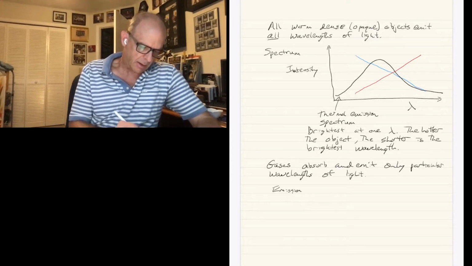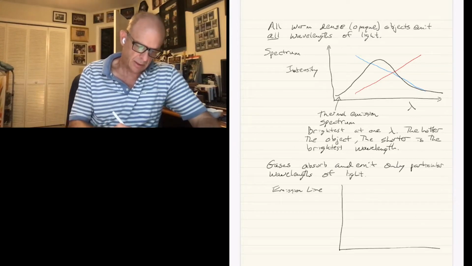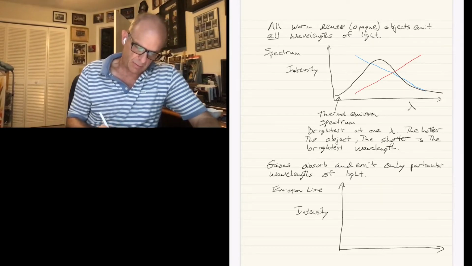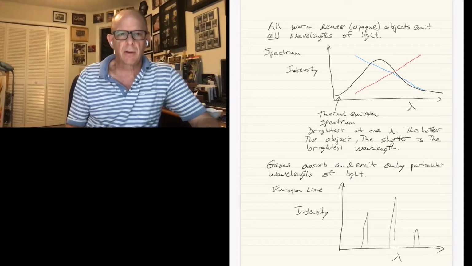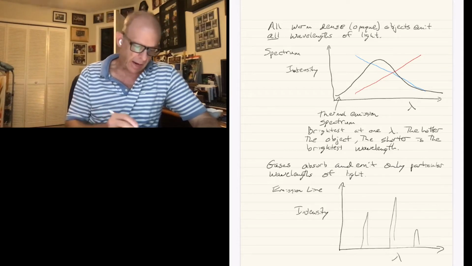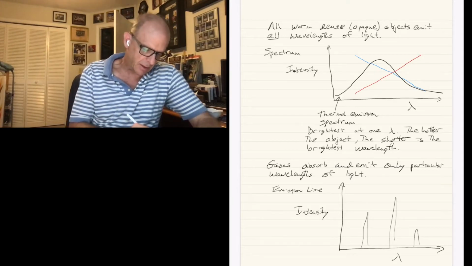So for a gas, the spectrum would look like this. The intensity versus wavelength. There might be only a few different wavelengths of light where that gas is produced.